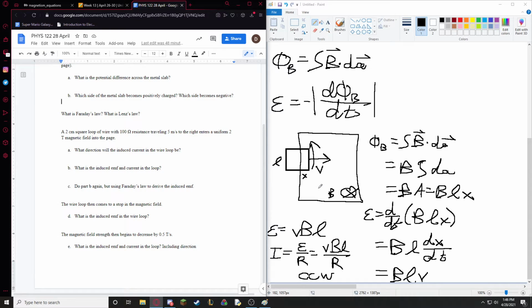So because our flux is into the page and its magnitude is increasing, the change in flux is into the page. If our loop was leaving the magnetic field, then X would be decreasing. Flux is into the page, but because it's decreasing, the change would be out of the page. Does that make sense? Yeah, it does. Essentially, we're just keeping track of what direction the flux is in, and whether it's increasing or decreasing. From that, we get what direction, in quotation marks, the change in flux is.